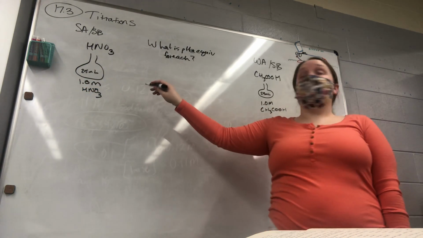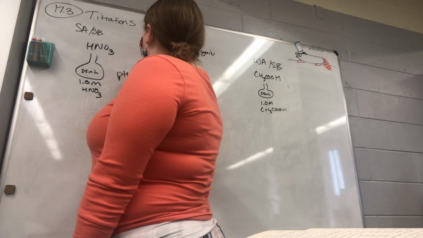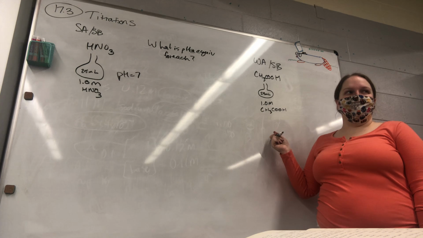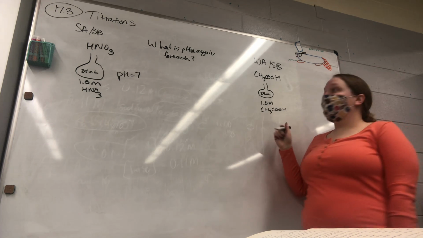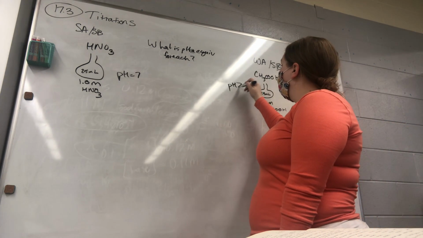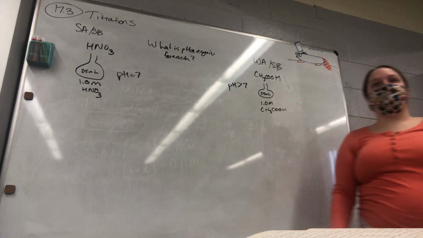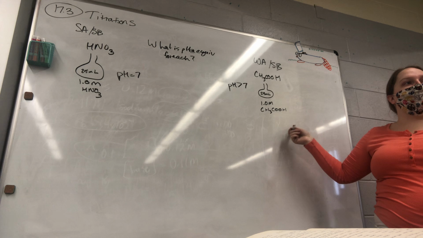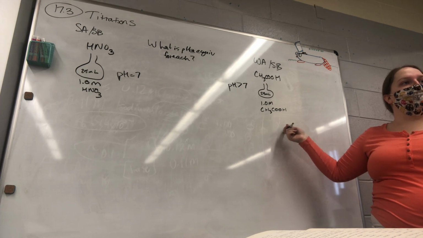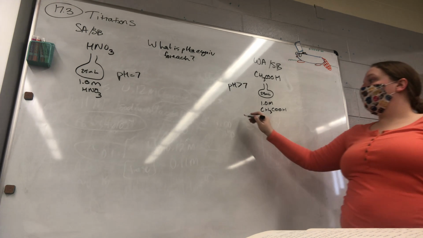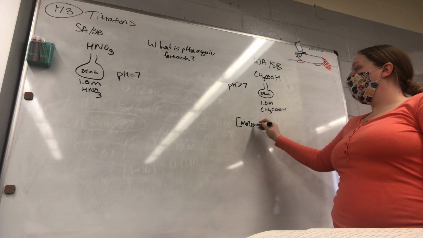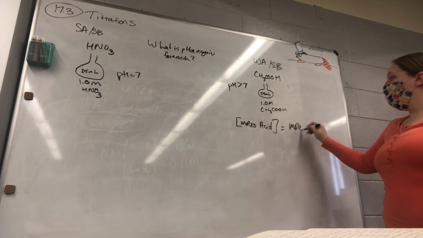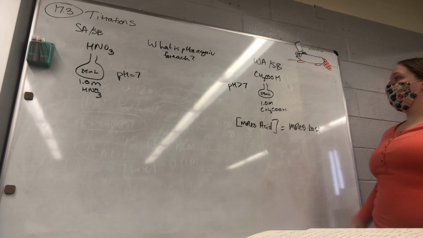This one? Oh, this is a weak acid. How do I figure out what the pH is going to be for this one? What do I know? Moles of the acid has to equal moles of the base.